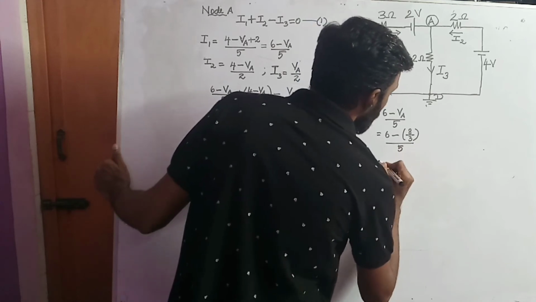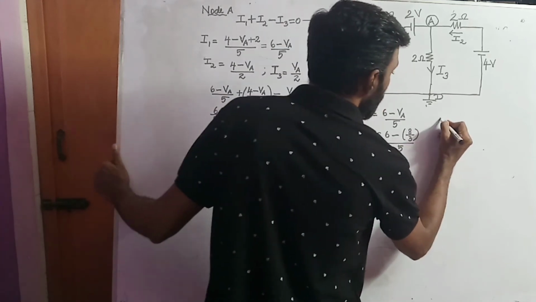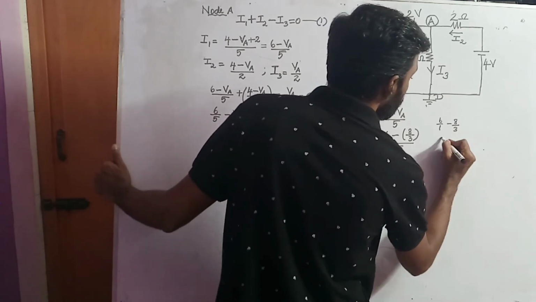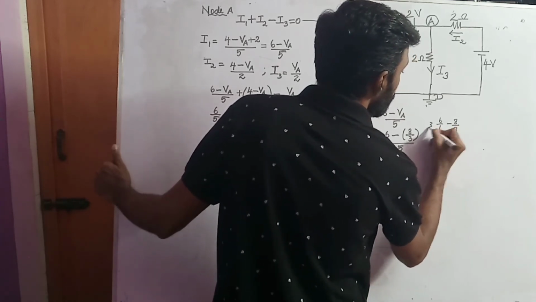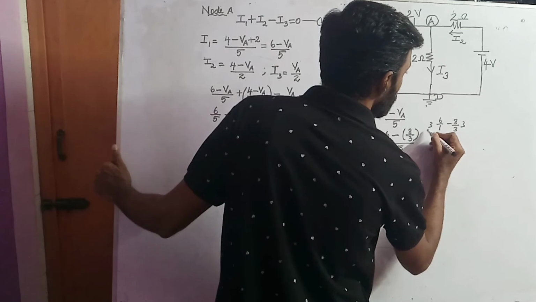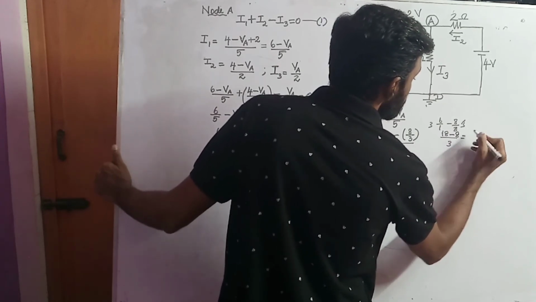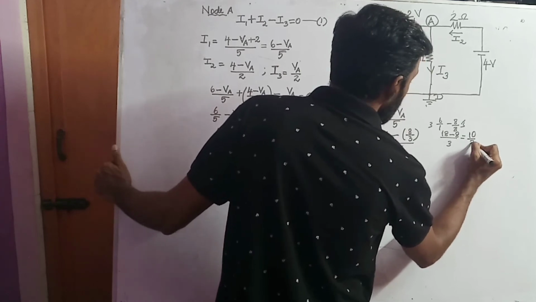So which is equal to 6 by 1 minus 8 divided by 3, which is 18 minus 8 over 3, which is nothing but 10 divided by 3.